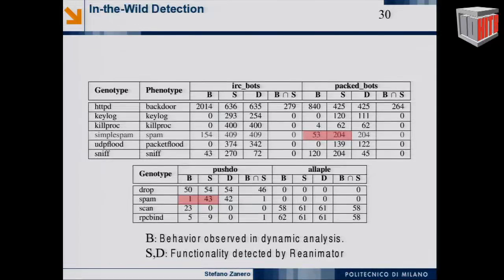There's maybe just 1 or 50 samples that execute some behavior during dynamic analysis. But then, if you actually run Reanimator on it, you find that there are over 200 samples that have that behavior implemented and did not execute it.